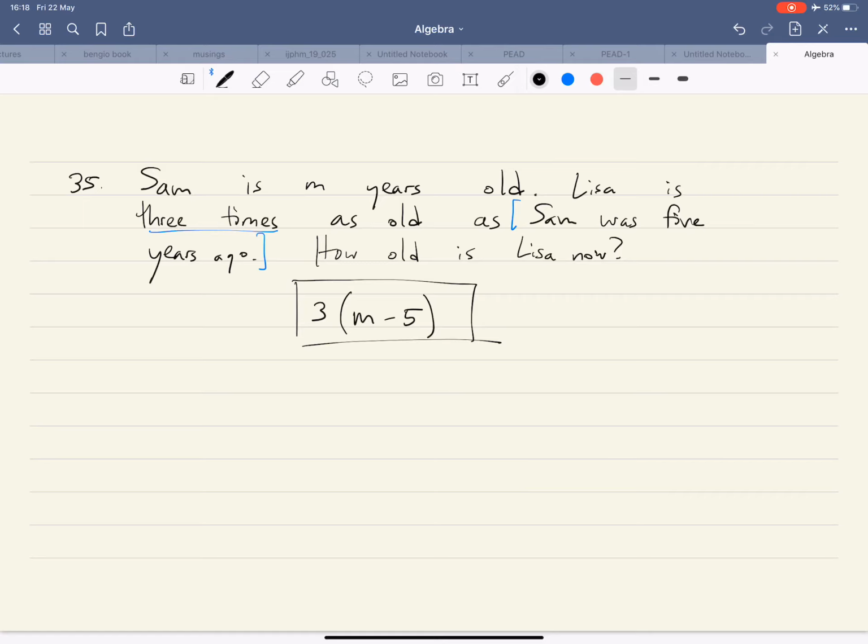Okay, the next example that we'll look at is number 37. So this says that two sides of an isosceles triangle each measure y centimeters.